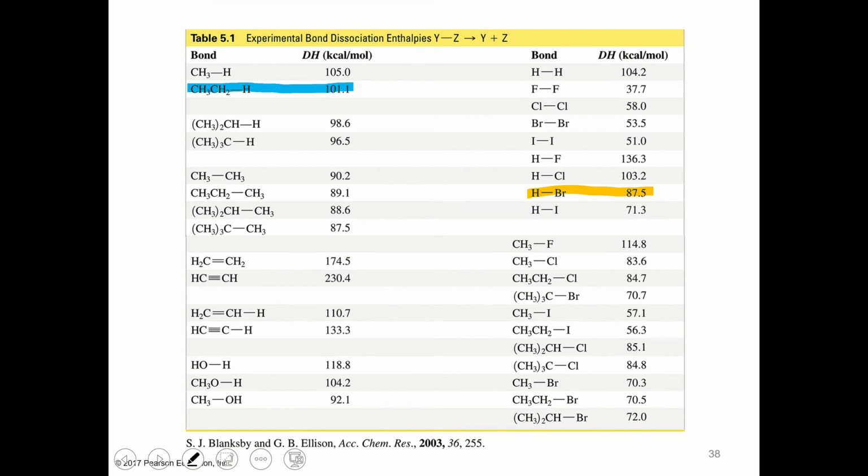This is the value for a carbon that has one bond to carbon and other bonds to hydrogen. The value of the enthalpy of the bond to the hydrogen at the terminal carbon is 101.1.